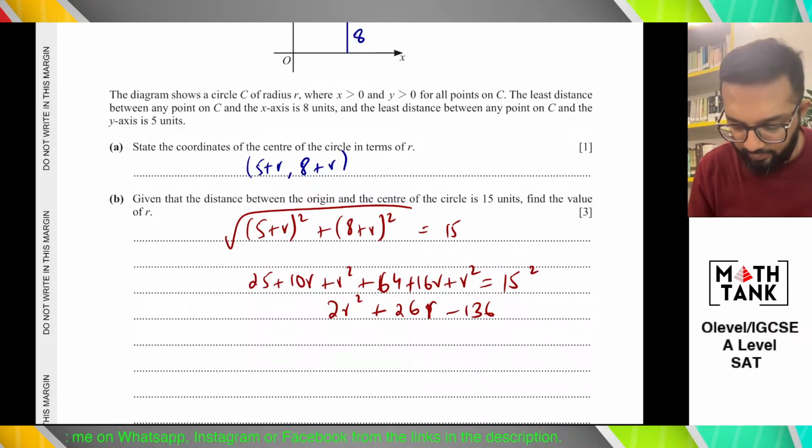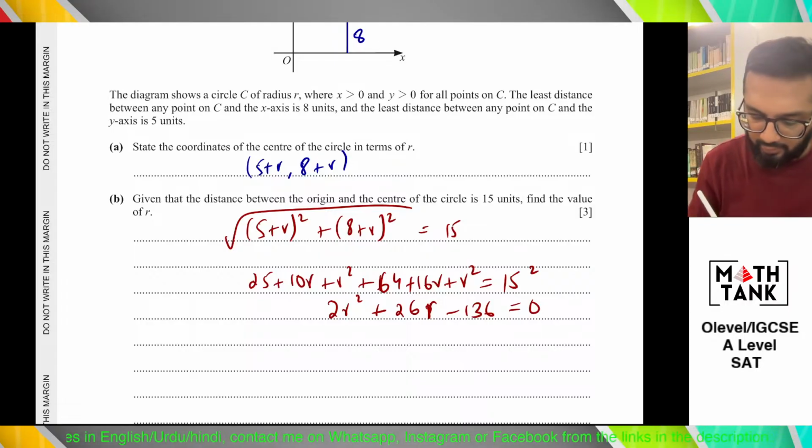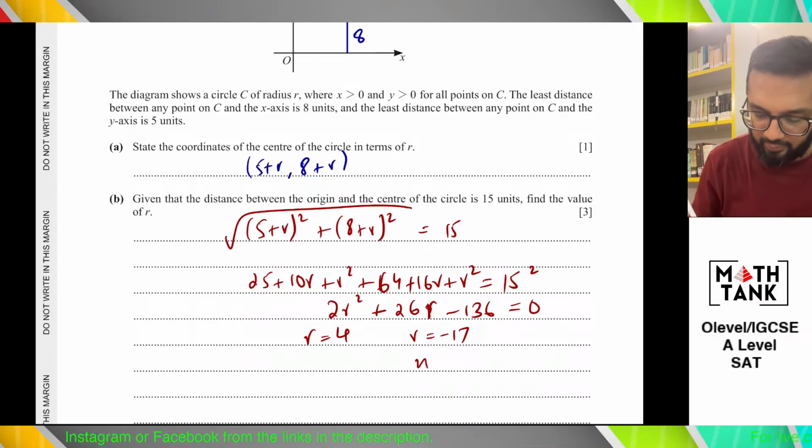Why? Because I've removed the root, equals to 0 then. Let's check if we have the correct numbers now. 226, and r is equals to 4 or r equals to minus 70. Not possible.